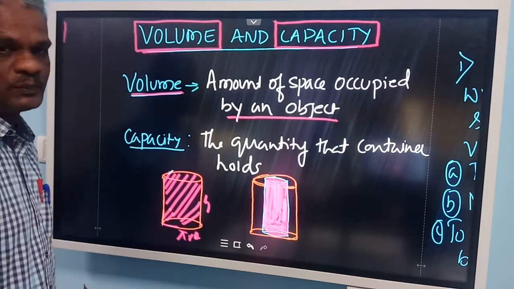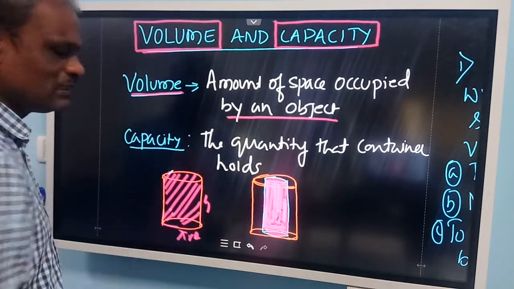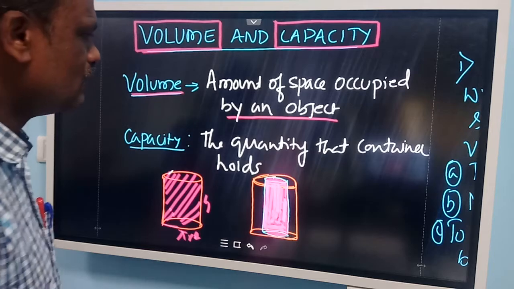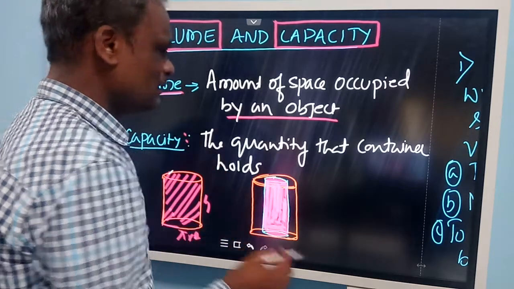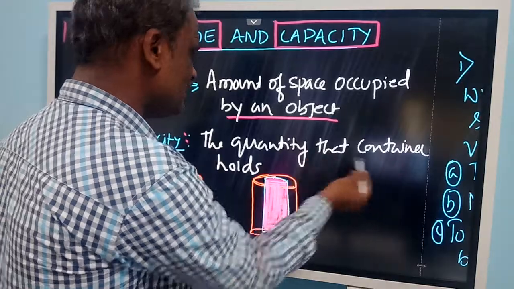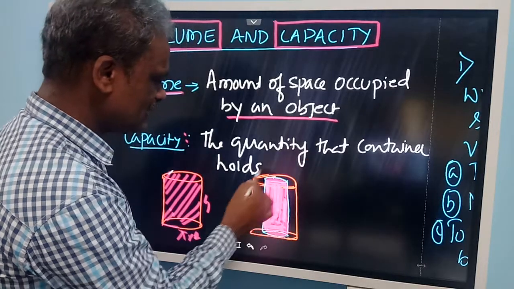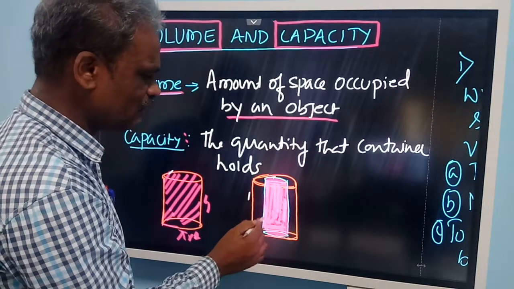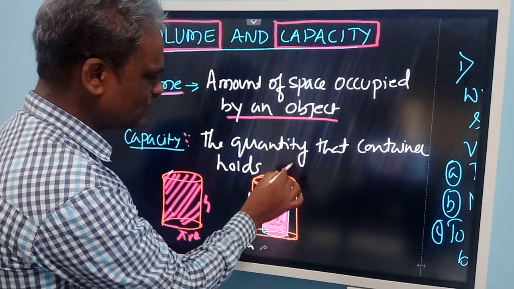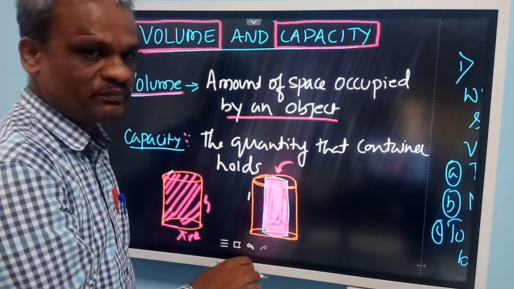This complete space occupied by this solid gives you the volume. What is capacity? Capacity is nothing but the quantity that the container can hold. Look at this, it is a cylindrical vessel. There is an empty space, you can pour water into this one.